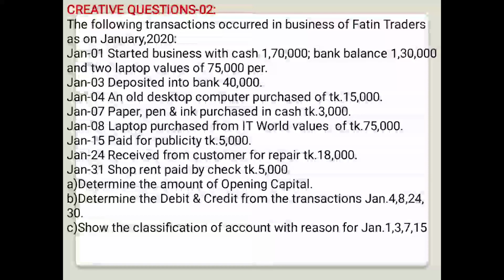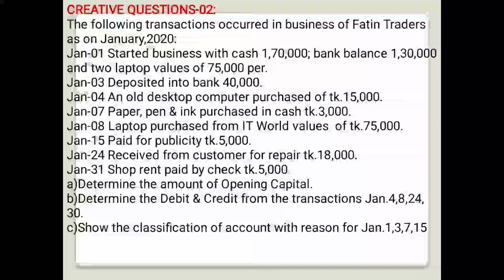When an asset increases, then it is debited, but when an asset decreases, then it is credited. Liability decreases are debit, but liability increases are credit. When equity decreases, then it is debited, but when equity increases, then it is credited.